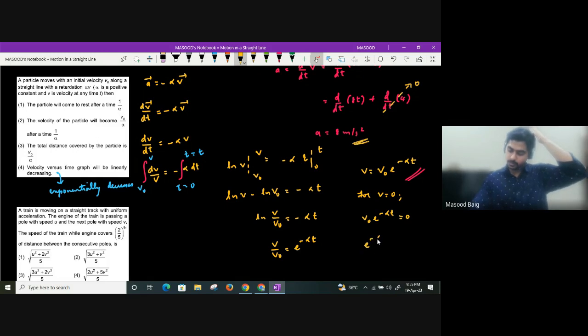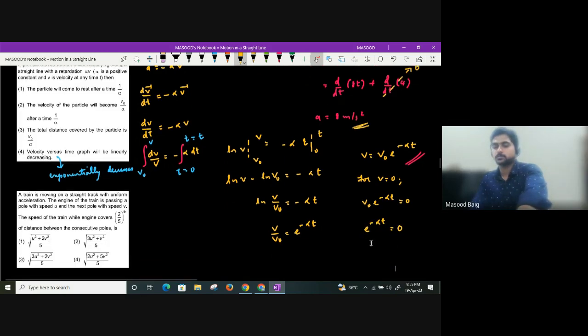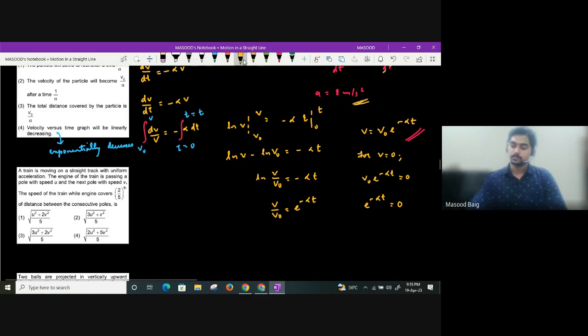So e power minus alpha t should also be equal to 0. If I apply ln, ln 0 is not defined again.